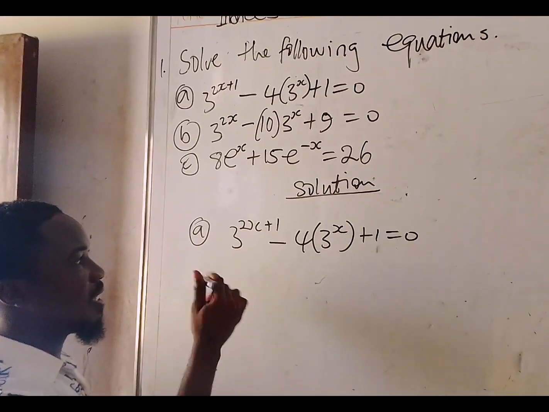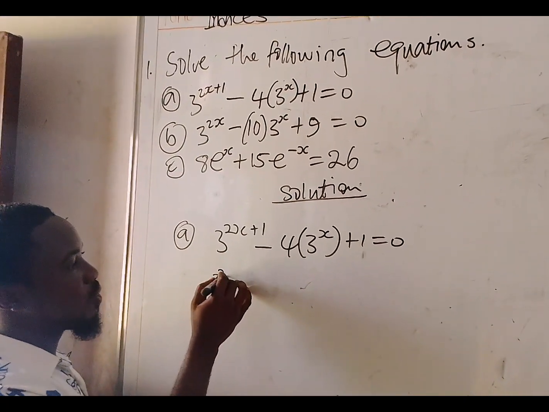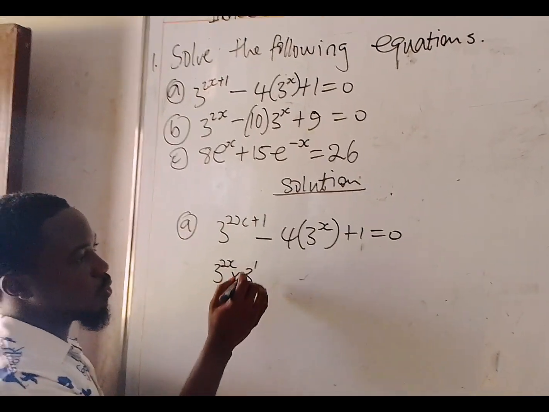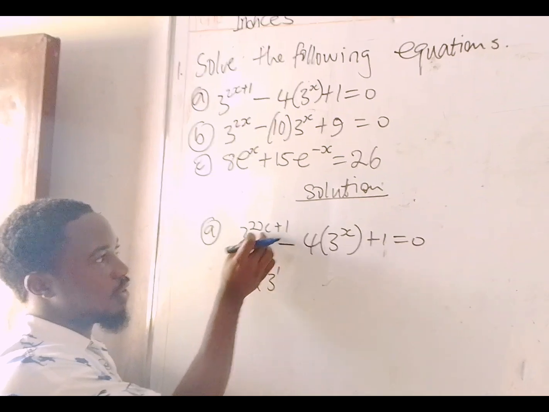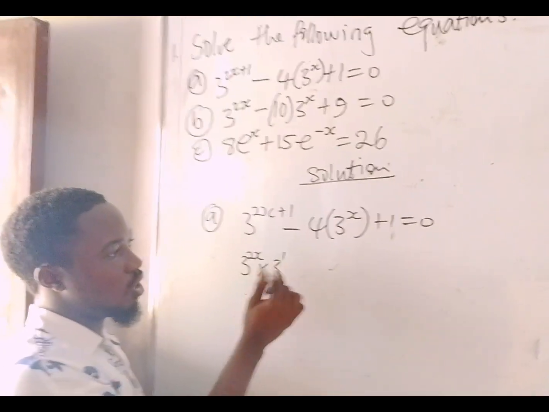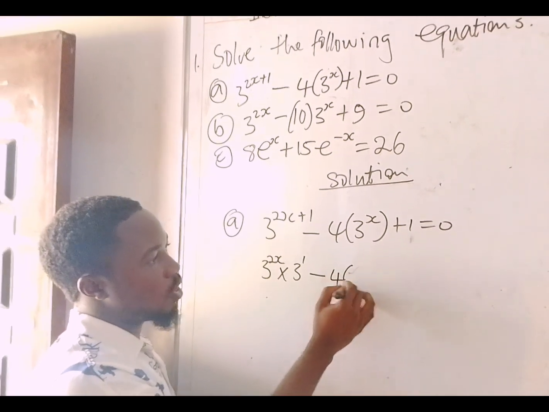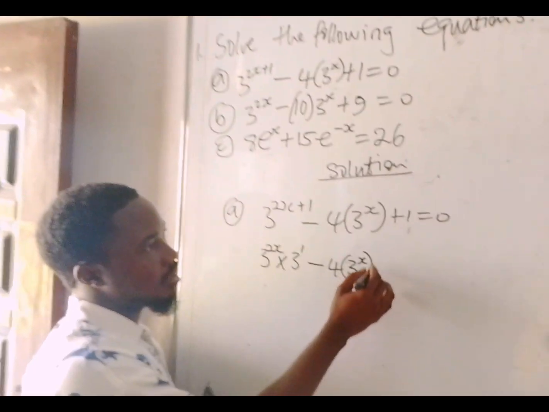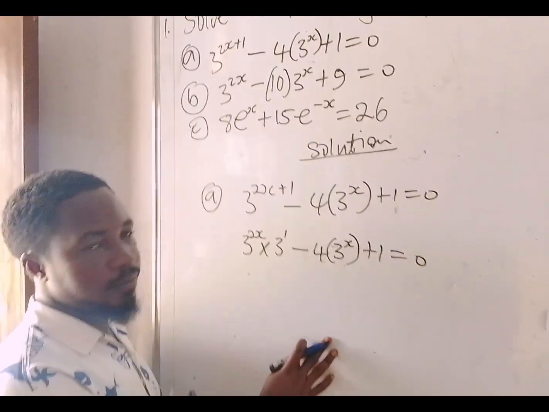Here, this can be expressed as 3 raised to power 2x times 3 raised to power 1. This plus means multiplication, 3 raised to power 1 minus 4 into 3 raised to power x plus 1 equal to 0, right?